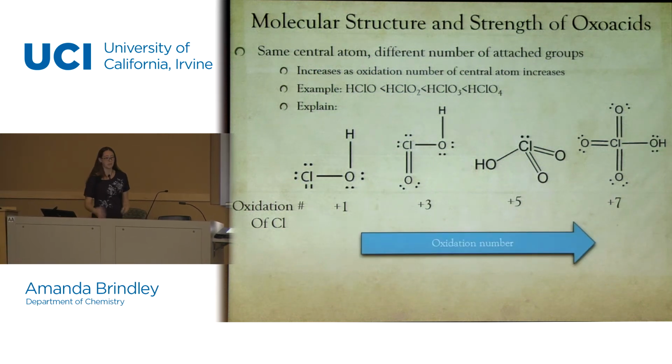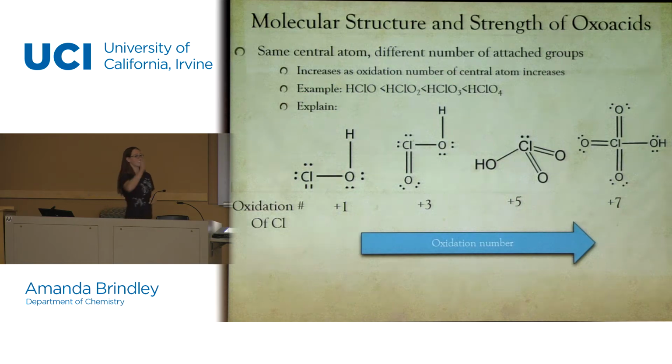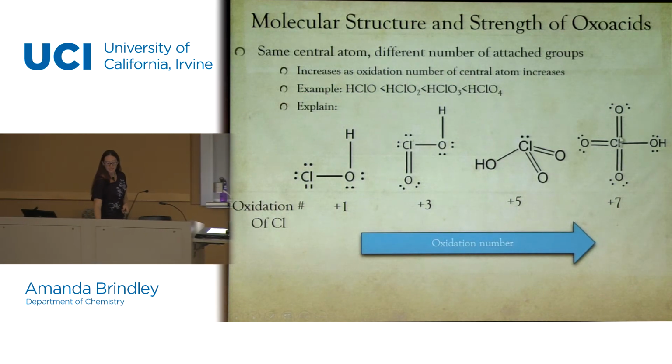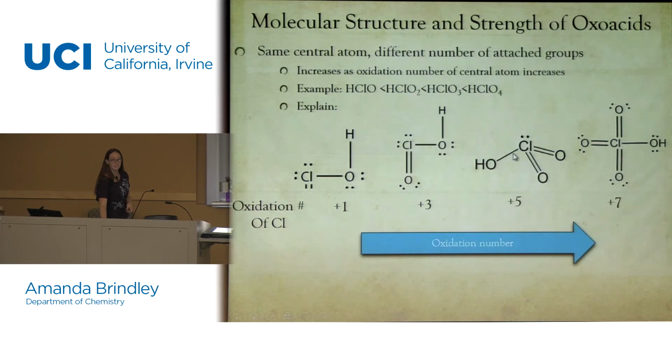Now, using the rule that more attached oxygens equals stronger, which one's your strongest? Do you remember the name of this one? That formula, yeah. You guys remember the name? Yeah, perchloric acid. Don't forget your nomenclature. So this one's perchloric acid. What's this one?